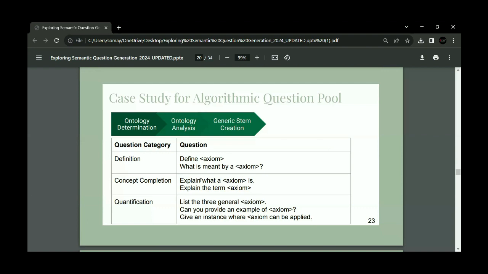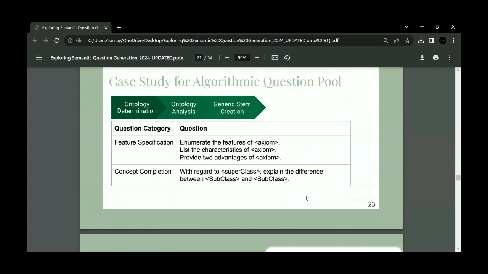For concept completion, we can say explain what the axiom is and explain the term. For quantification, we have list 3 general examples of the concept. Can you provide an example? Give an instance where that can be applied.